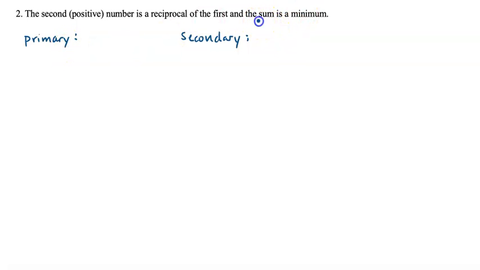We are given that the sum is a minimum. We're told that we're just dealing with two positive numbers here. So I'm going to call the primary equation x plus y is equal to s for the sum. The secondary equation relates these two variables. So I have the second positive number is a reciprocal of the first.